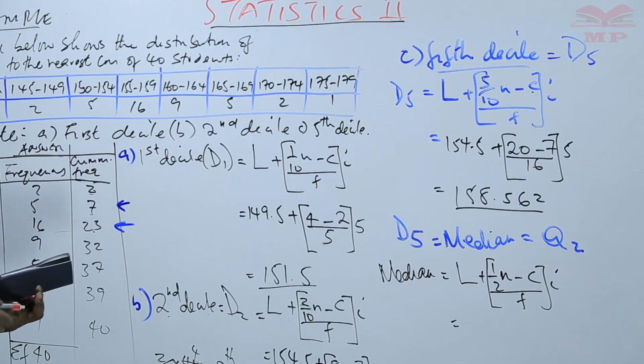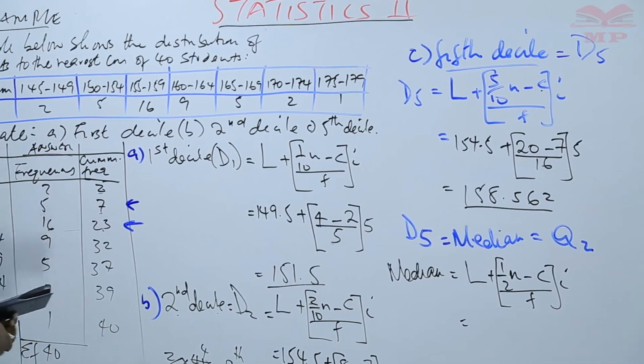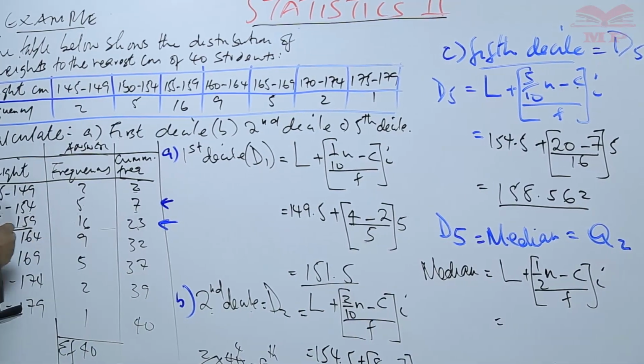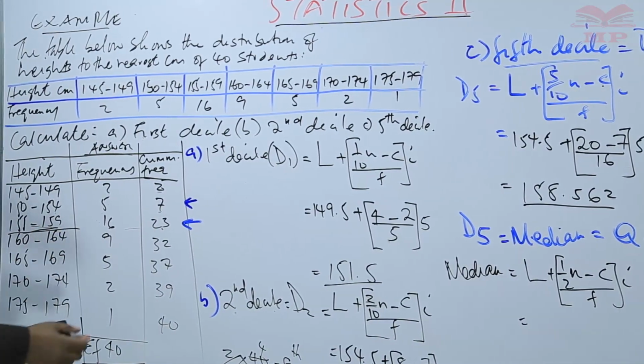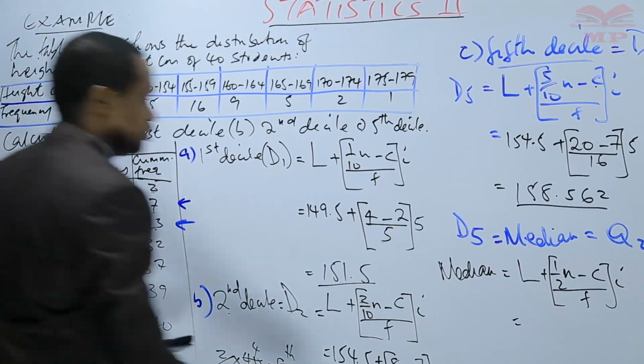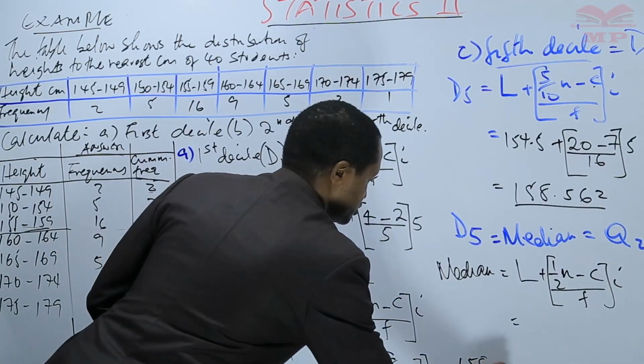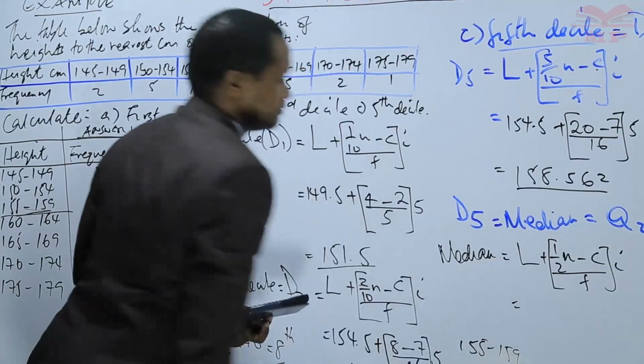The 20th student will lie in this class of 155 to 159.